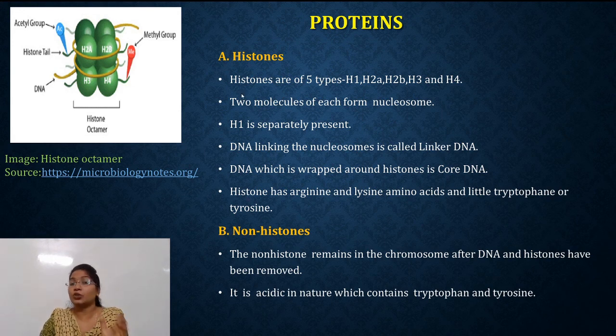So these histone proteins, they are of five types: H1, H2A, H2B, H3 and H4. Okay. Now two molecules of each, that is 2 molecules of H2A, 2 molecules of H2B, 2 molecules of H3 and 2 molecules of H4, they all constitute a single nucleosome.